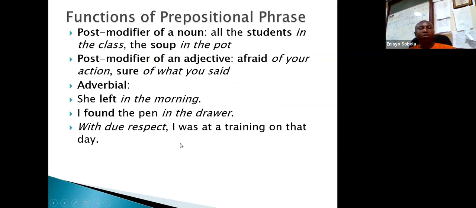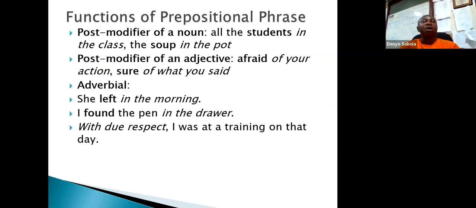There are three major functions. Number one, it can function as a post modifier of a noun in a noun phrase.